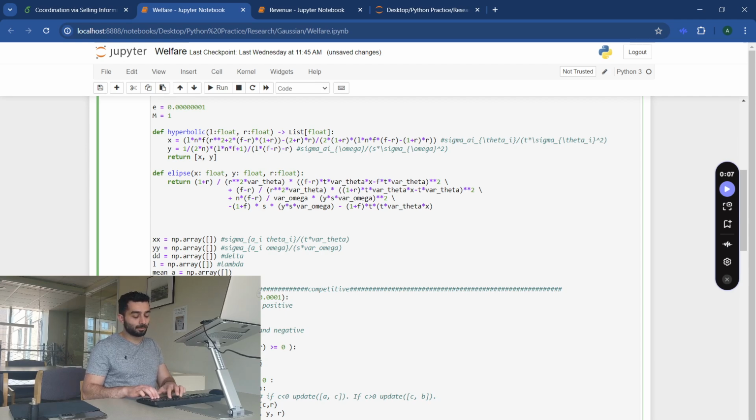So hyperbolic. And so what we do, we start from A0, and if it is outside, if ellipse is positive, it means B should be always negative, and then x and y is hyperbolic again.